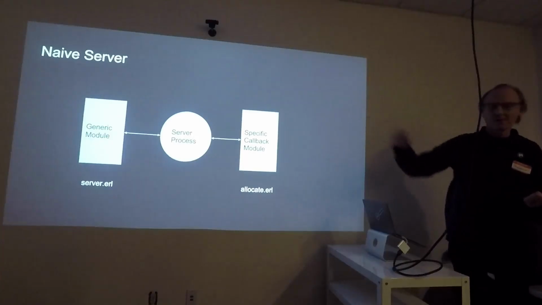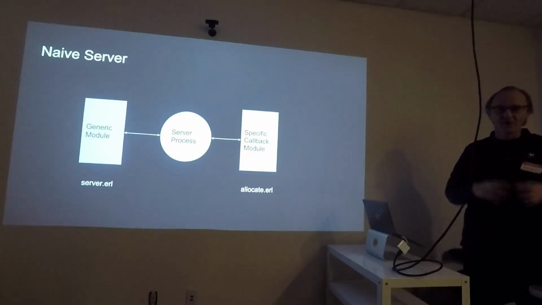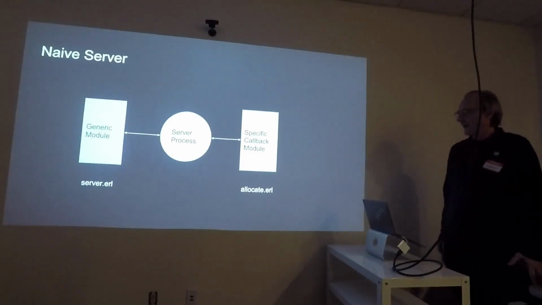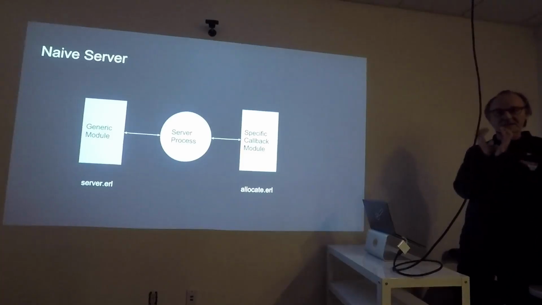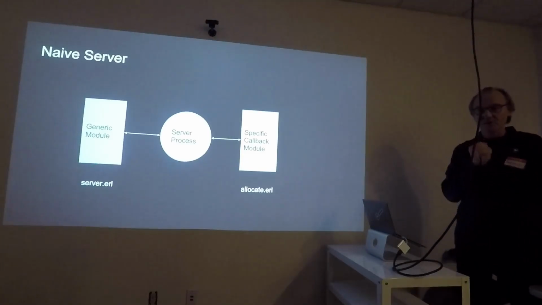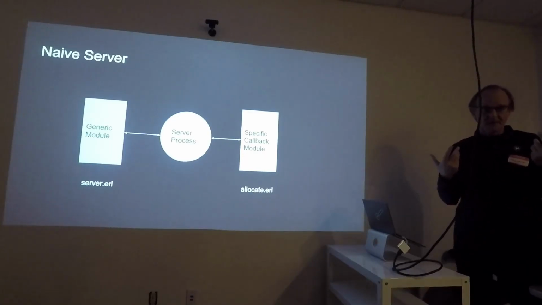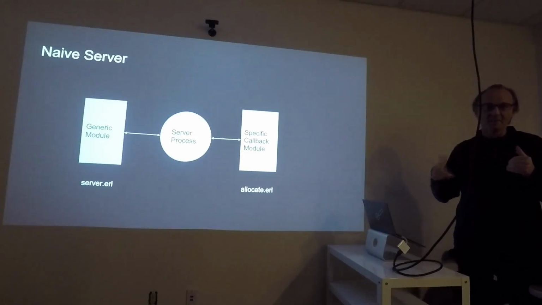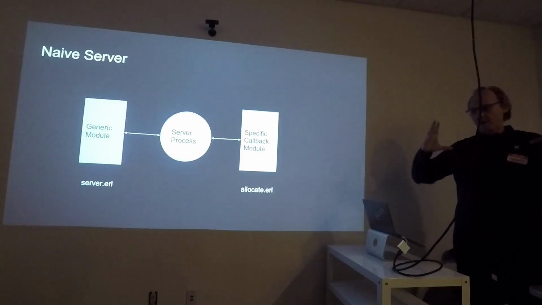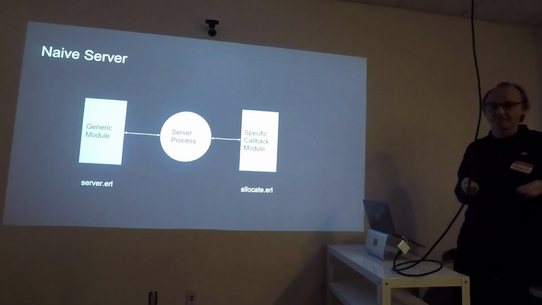So in order to make this more reusable, let's split this into two modules. The generic module, I have that in server.erl, that's the Erlang code for the server. And then another module, which is only for callbacks, because I want to have the server module totally generic and be able to do anything. And including this really important function that I'm going to implement, which is allocating mobile frequencies, okay?